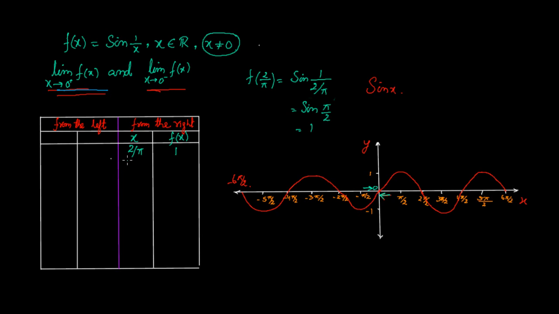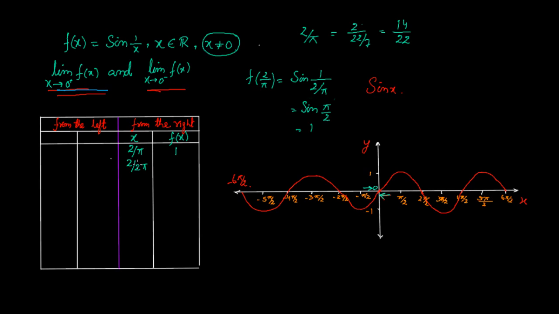Similarly, we take 2 upon 2 pi, but note that 2 by pi is just 2 upon 22 by 7, that is same as 14 by 22, which is less than 1 and hence close to 0.